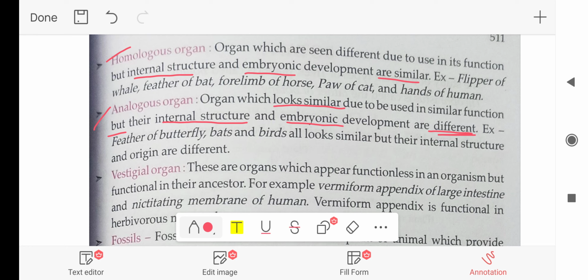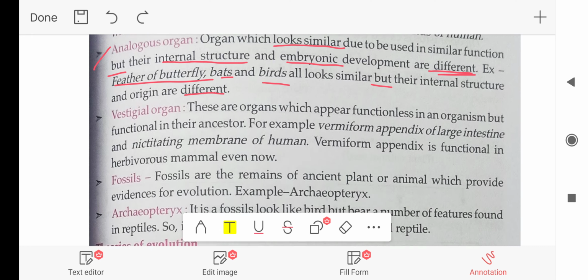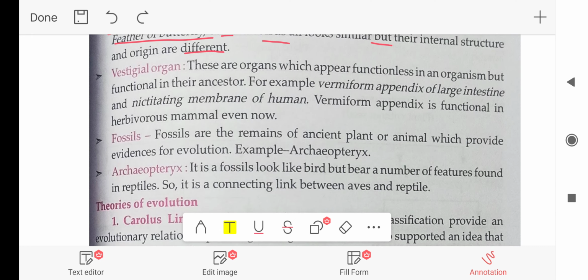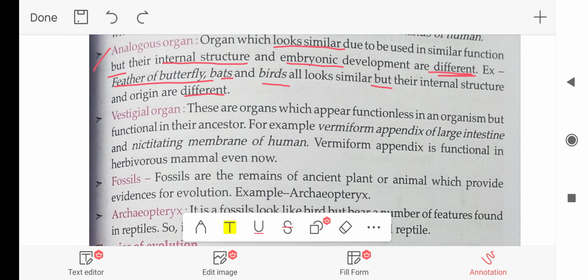Examples: wings of butterfly, bats, and birds all look similar and have a similar function, but their internal structure and origin are different.